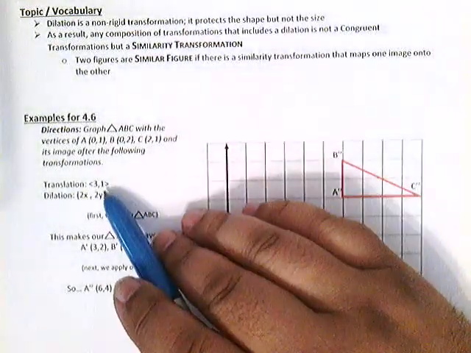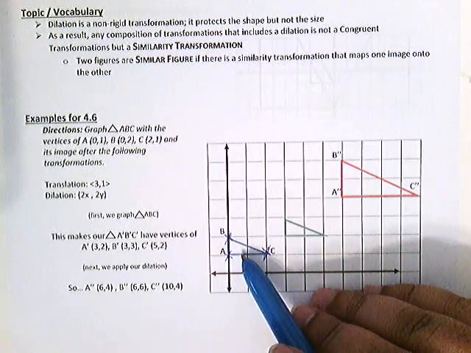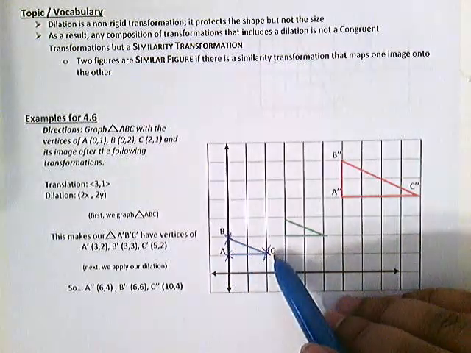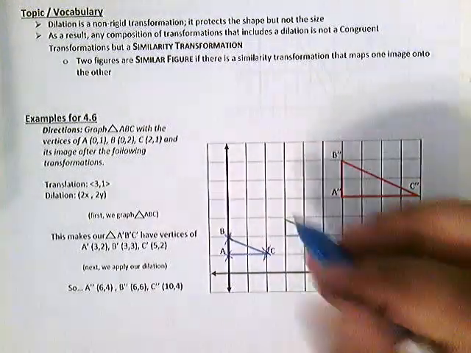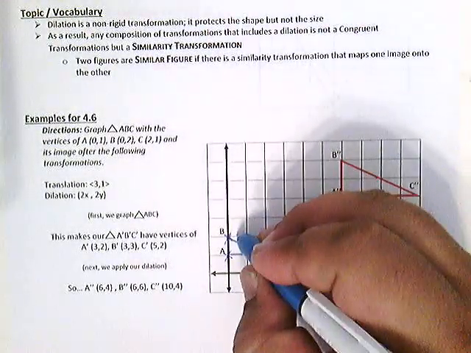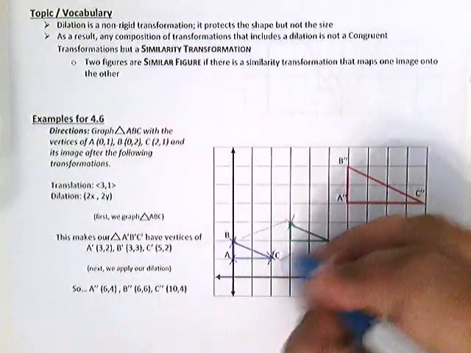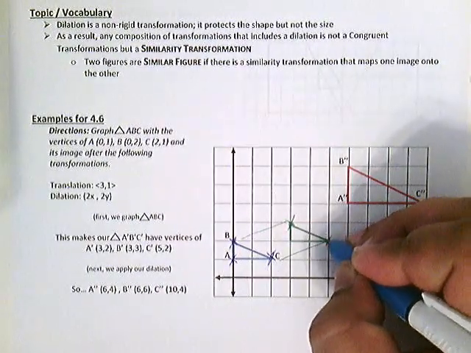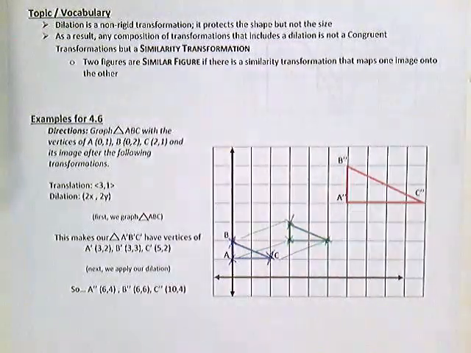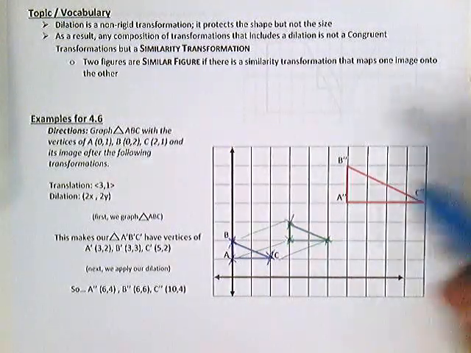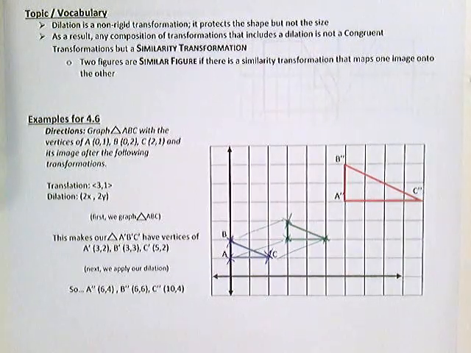The first transformation is to take this blue guy and translate him to the right 3 and up 1. So that means this one becomes here, this one becomes here, and this one becomes here. That's the first transformation, in this case just moving it.